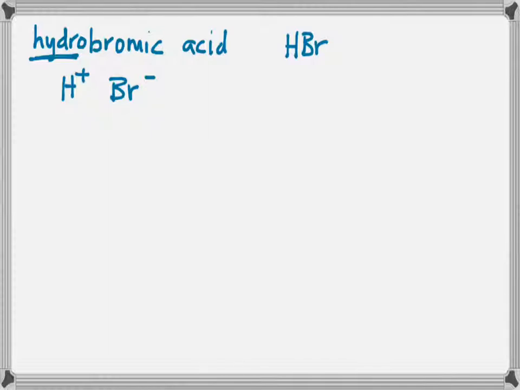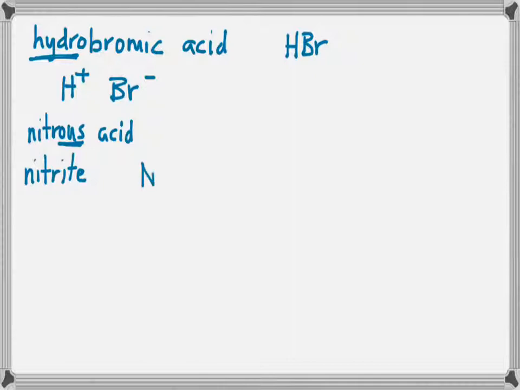How about nitrous acid? No hydro in front. So this is where we have to look for the polyatomic ion. So nitrous, the -ous comes from -ite. So this is from the nitrite ion.